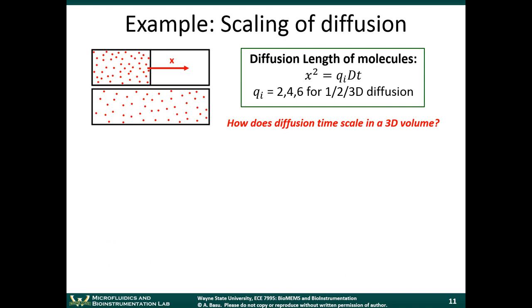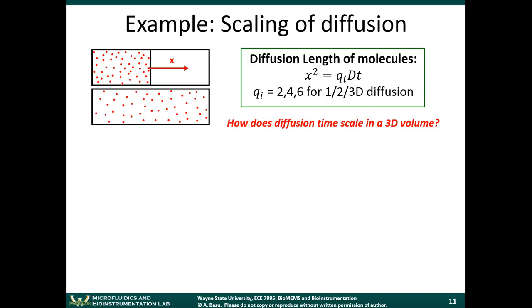So if we look at the diffusion length, it's shown by this schematic here. Let's say we take two containers and we put them together. One has a high concentration and one has a low concentration. Over time, the molecules from the left side are going to diffuse over to the right side.